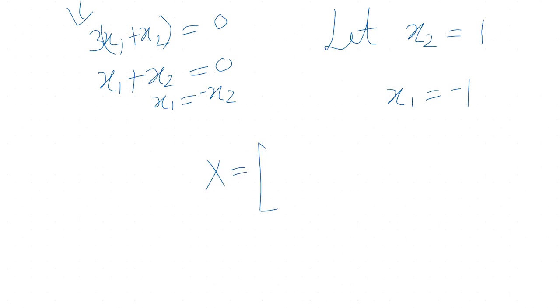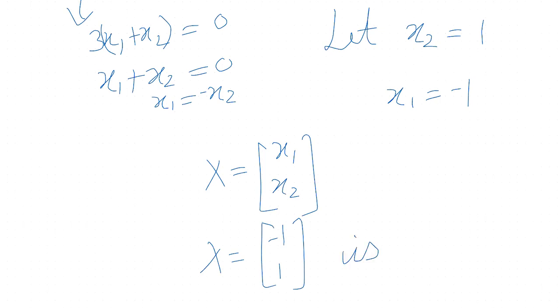So let us put the values: minus 1 and 1, because x1 is minus 1 and x2 is 1. So this is the eigenvector for lambda is equal to minus 1. Okay, we found this for lambda is equal to minus 1.